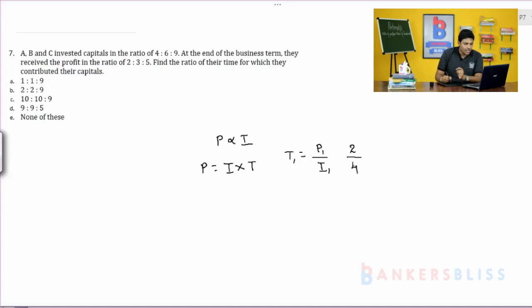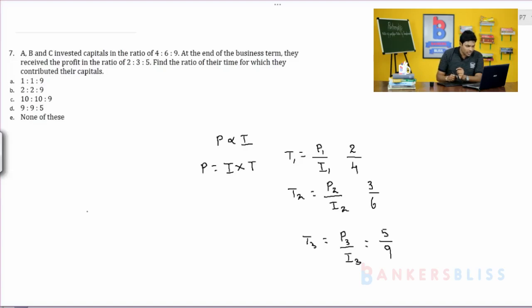Next, time period 2 is equal to profit 2 by investment 2. Profit 2 is 3 and investment 2 is 6. Time 3 is equal to profit 3 by investment 3. So profit is 5 and investment is 9.